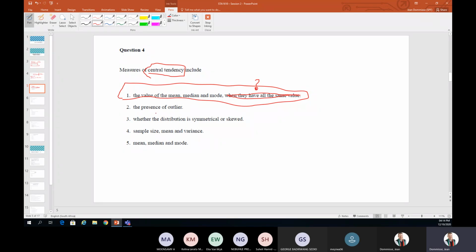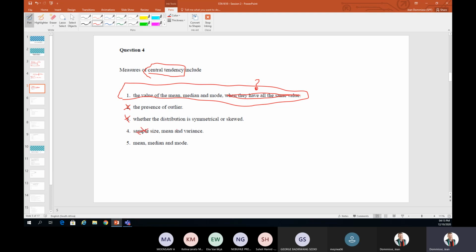The presence of an outlier, definitely not that. Whether this distribution is symmetrical or skewed: you use those to see if it's symmetrical or skewed, but that is not it. Sample size, no, that doesn't.